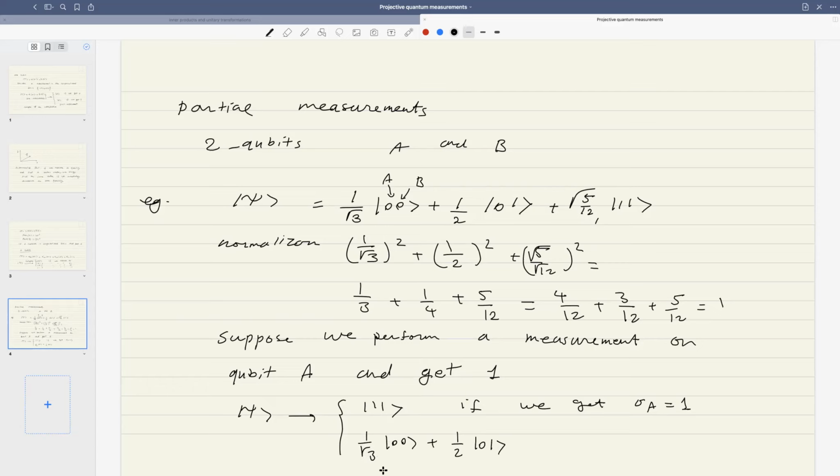So how can I normalize it? Well, I can just divide it by the square root of the sum of squares of these. So I normalize here. All right, 1 over square root of 1/3 plus 1/4, which is this quantity squared plus that quantity squared. And then I write my vector.